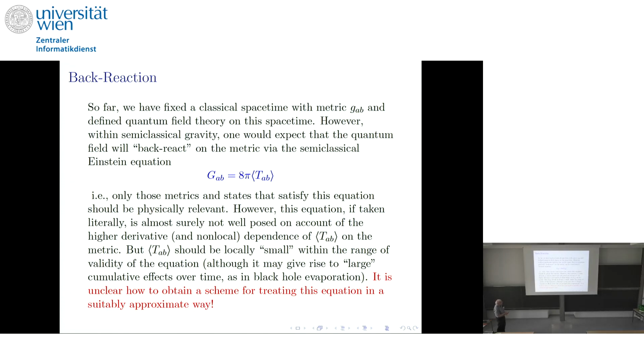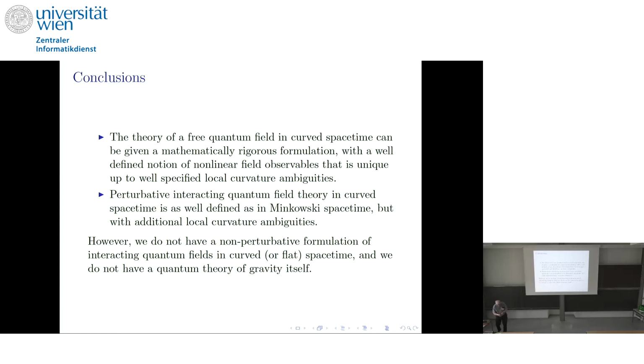In the renormalization procedures, you can see that even the ambiguities in the stress energy tensor are higher derivative. It probably has a lot of spurious solutions, and it isn't clear how to deal with this equation in even a suitably approximate way. So I'm just throwing that out as an interesting issue, and let me conclude now.